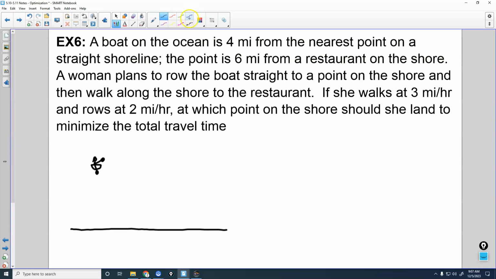But she is 4 miles from shore. So that is the distance from her to the shore. And that point is 6 miles from this restaurant that she wants to eat at down the way.